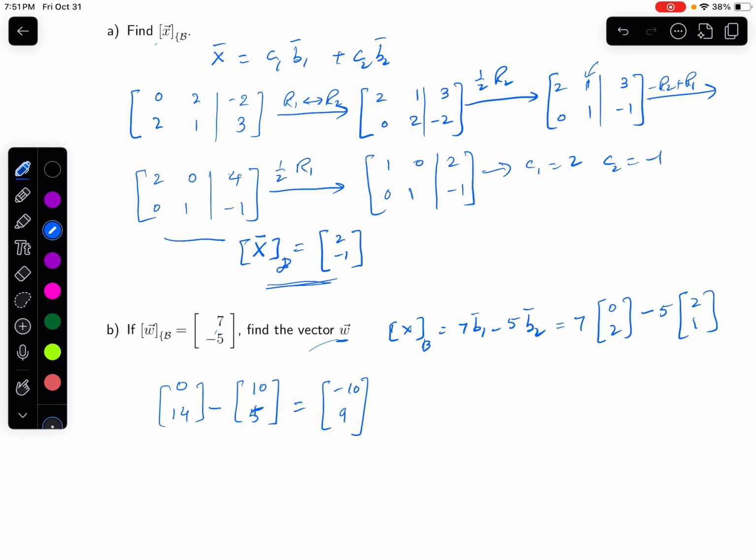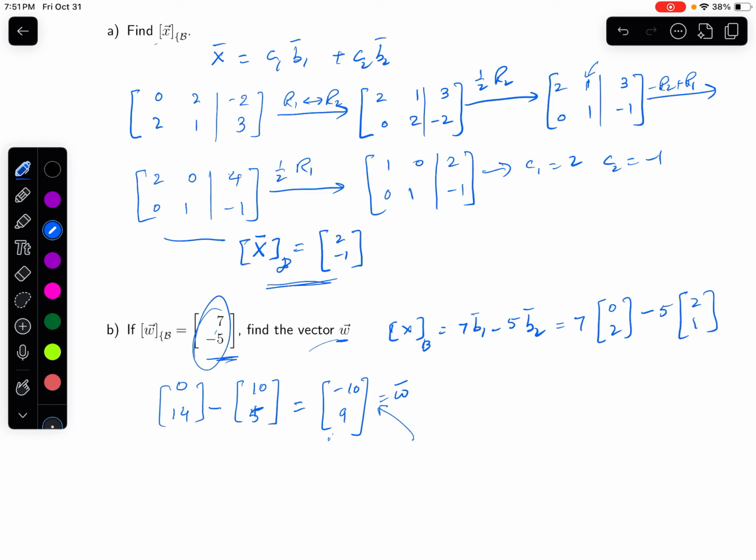So this was the actual vector which was converted into the coordinate vector relative to B. If you try to convert this, which is your w actually, into the coordinate vector using the method in part A, you should get 7, -5.